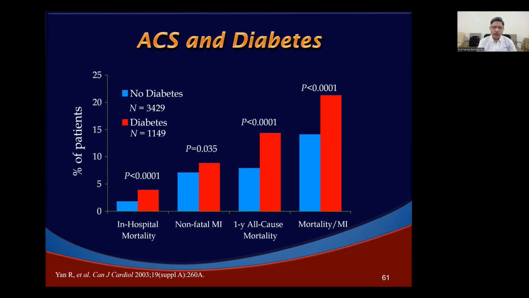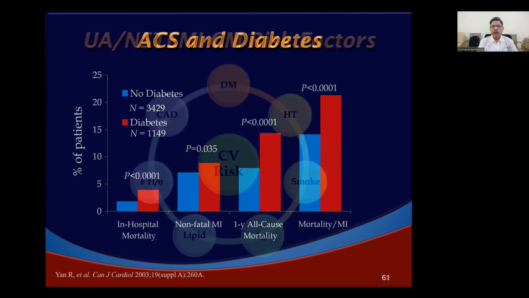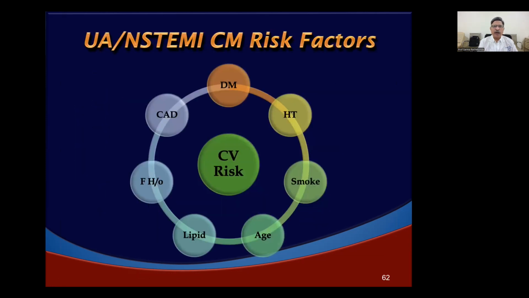So it makes a lot of sense to know whether a patient is diabetic and control the diabetes. Now, in UA and NSTEMI, risk factors, as I said: diabetes, hypertension, smoker, advancing age, dyslipidemia, family history, and previous CAD, all are risk factors for this coronary disease.